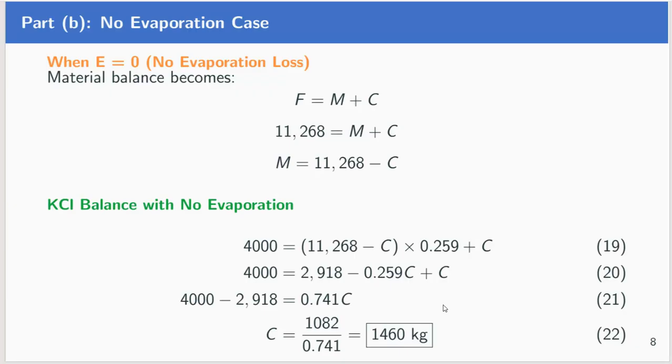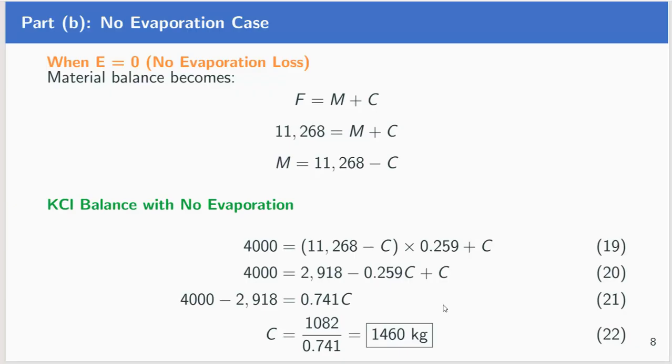The material balance becomes F equals M plus C. So 11,268 equals M plus C, so M is equal to 11,268 minus C. In the KCl balance with no evaporation, we plug in this M. So 4,000 is equal to (11,268 minus C) into 0.259 plus C. From here, if I do the calculation, C will be 1460 kg, meaning the crystal is 1460 kg.